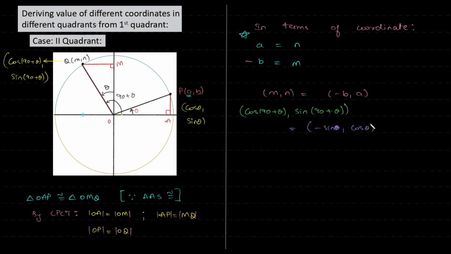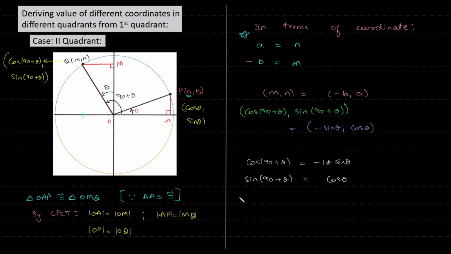Okay, so in the end, let me write it a bit neater. What can I tell? I can tell the following. Cos of 90 plus theta is same as minus 1 into sine of theta. And sine of 90 plus theta is same as cos of theta.